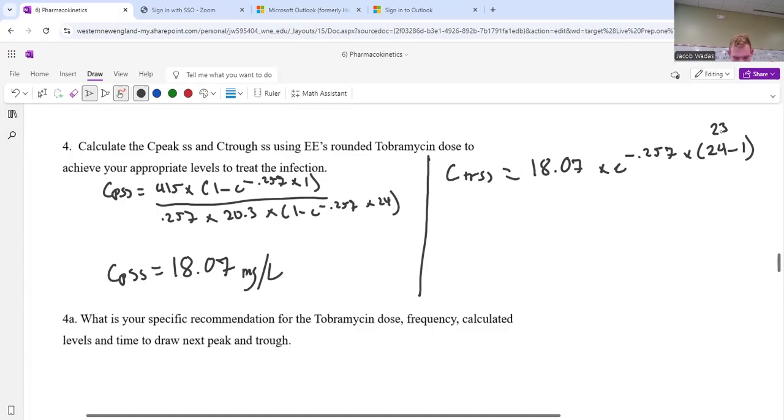What do you guys get for trough? All right, so our trough steady state is going to be 0.05 milligrams per liter.